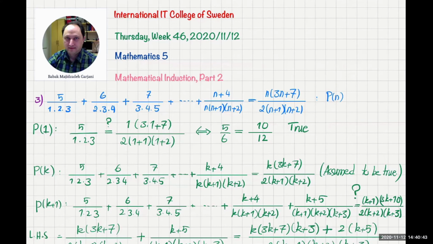But sometimes if the pattern is not that complicated, you can guess the pattern. Guessing the pattern is not a rigorous mathematical proof. But if you prove your guess using mathematical induction, that is a mathematically valid proof.